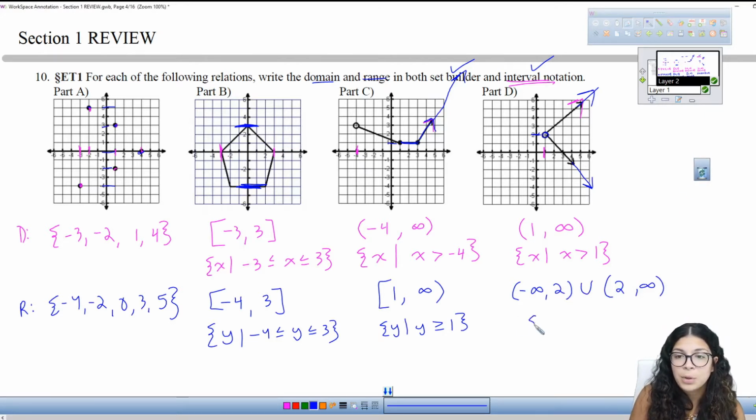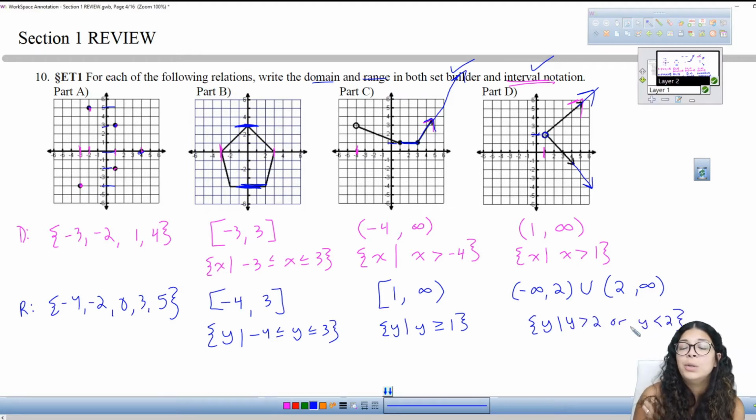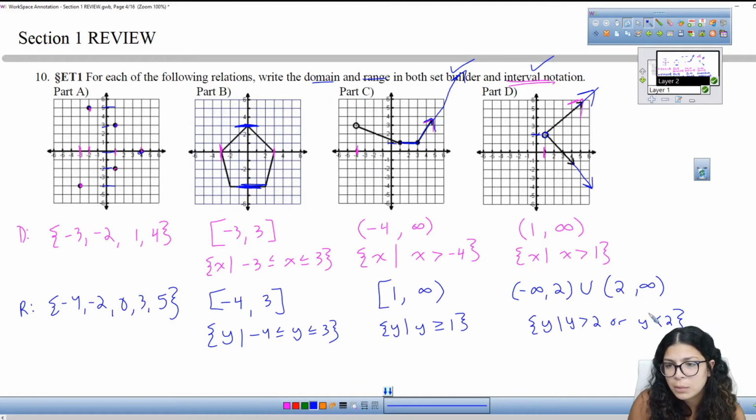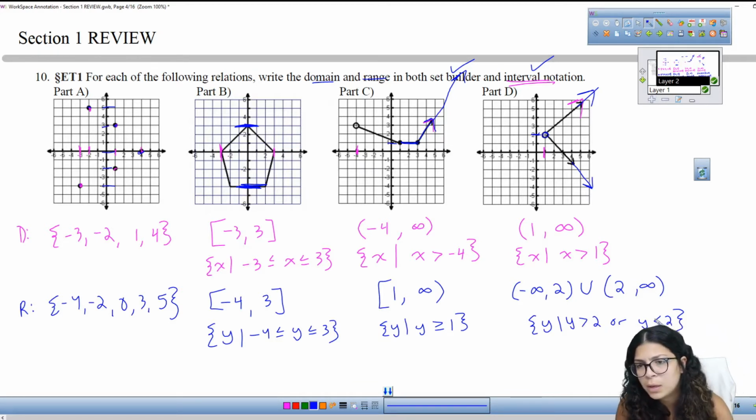Now in set builder, you could write this as y such that y is greater than 2 or y is less than 2. You wouldn't want to include 2. So everything bigger than 2 all the way to infinity, everything smaller than 2 all the way to -infinity. You could also rearrange this and write y is less than 2 first, and then y is greater than 2 after.